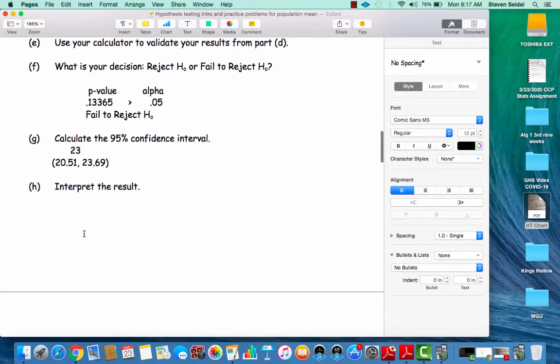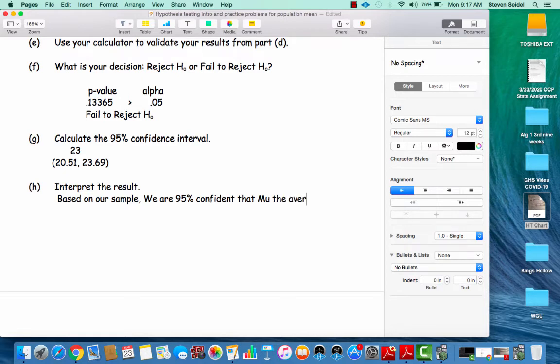So when we interpret the result, what would that look like? We are 95% confident, and I'm going to put this in front, based on our sample. We are 95% confident that mu, what is mu?